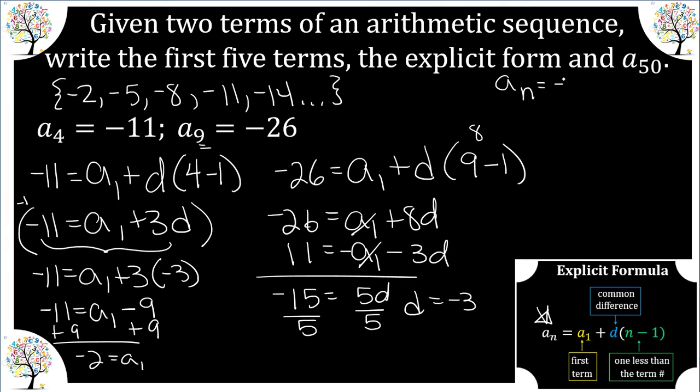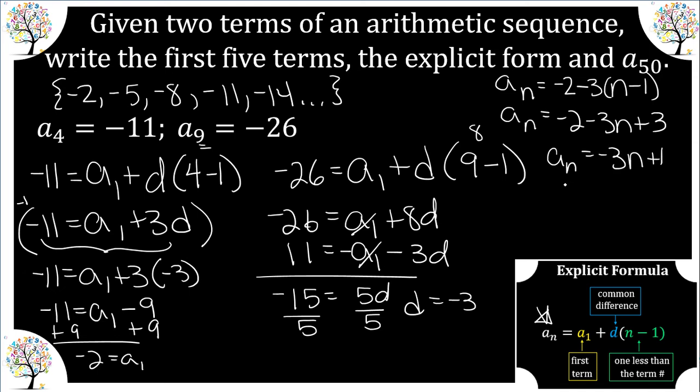Explicit form: our first term was negative 2, and our common difference was negative 3 times n minus 1. Distribute and combine. I want to know the 50th or whatever term you want to find.